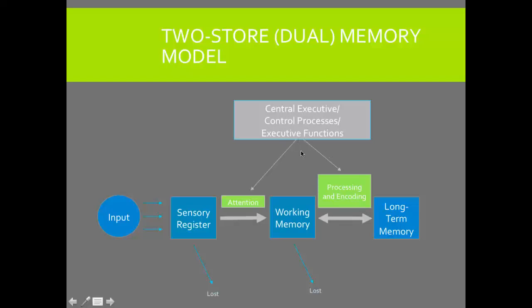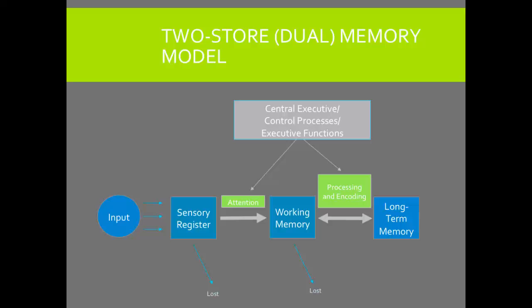So, the central executive, as you can see up here at the top of the graphic, is what we use to control this whole process of taking in information and actively working to process and encode it and store it in long-term memory. So the central executive determines what we will attend to and what we will process and encode.